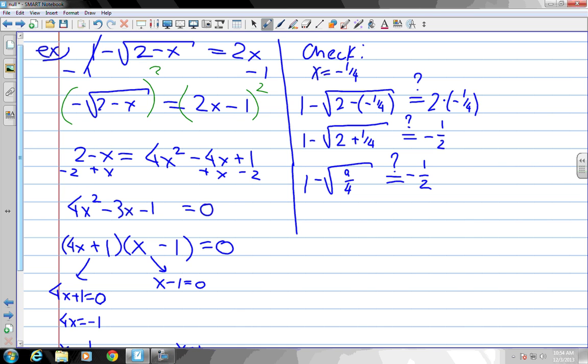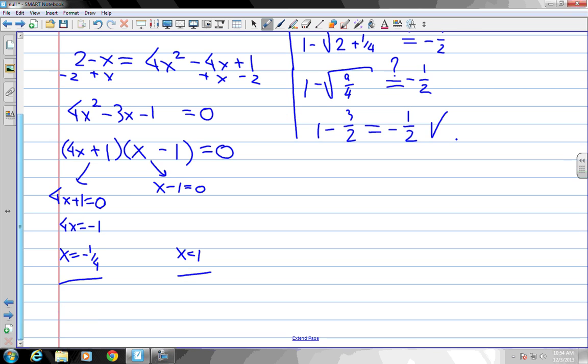Because now I can take a square root of that very easily. What is the square root of 9/4? 3/2. So 1 minus 3/2 does in fact equal negative 1/2. So that balances out, so negative 1/4 works. Right? 1 minus 1.5 is negative 1/2. So that worked. So I'm going to go ahead and circle that one. That seems to be working.